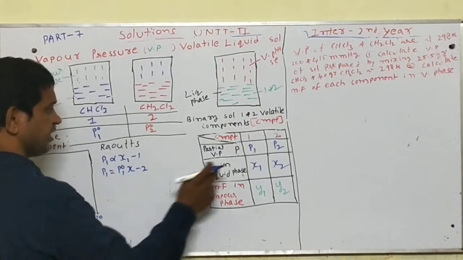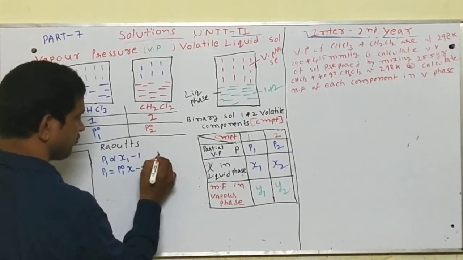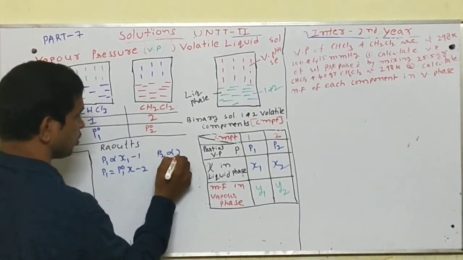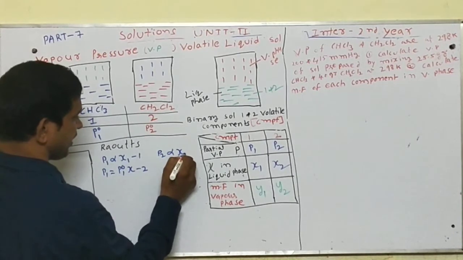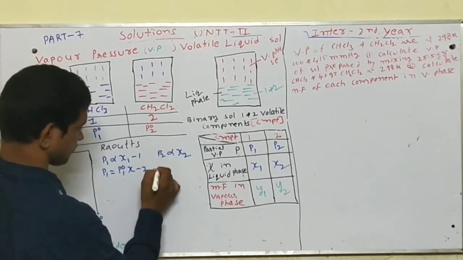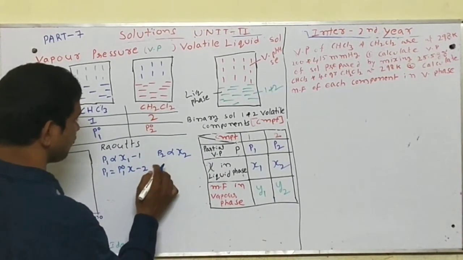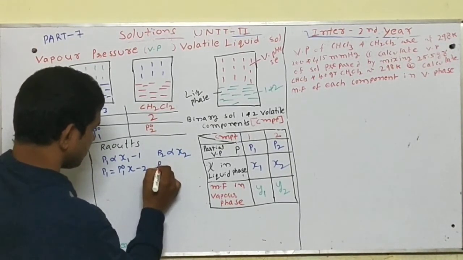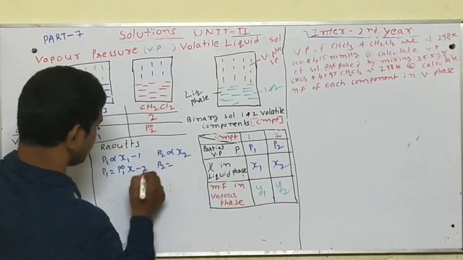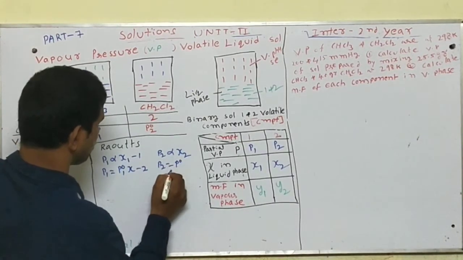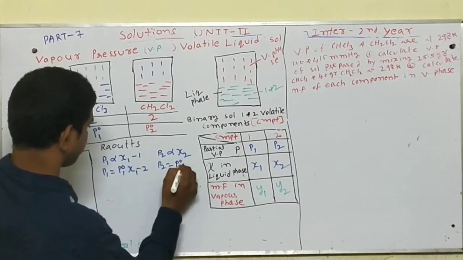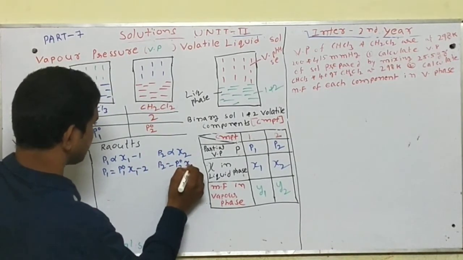In the same way, partial vapor pressure of component 2 is directly proportional to x2 and partial vapor pressure can be written as P2 is equals to P02 into x2.